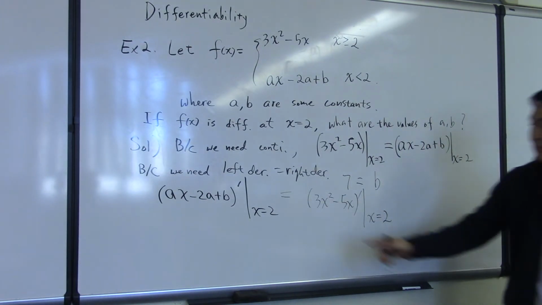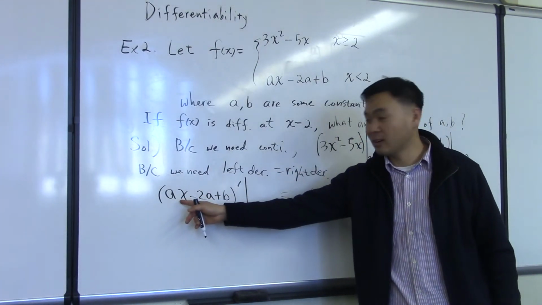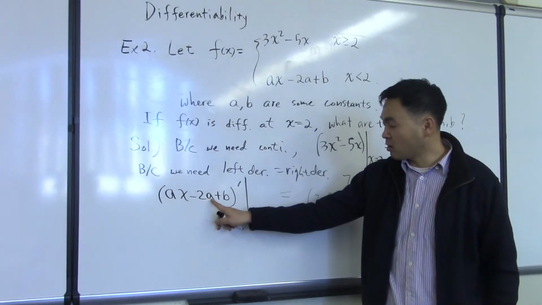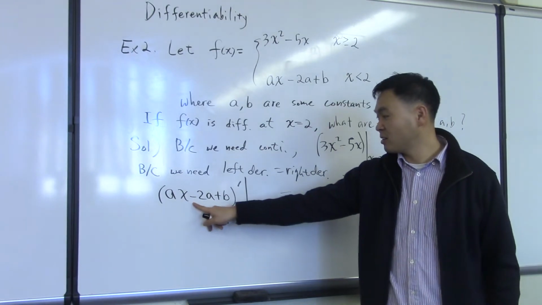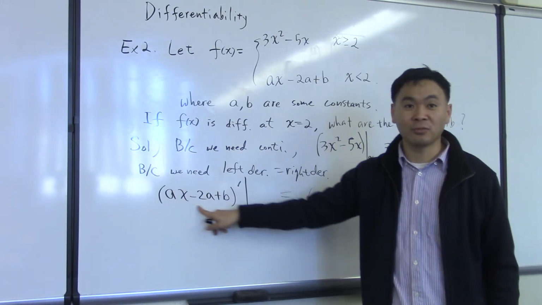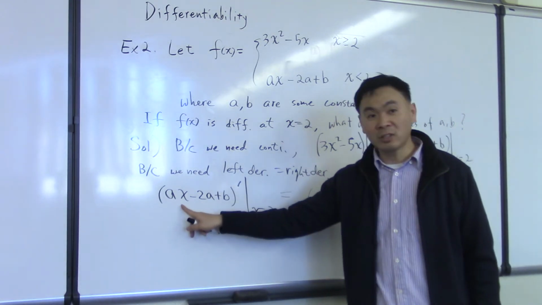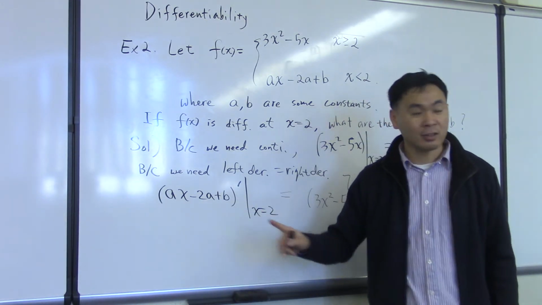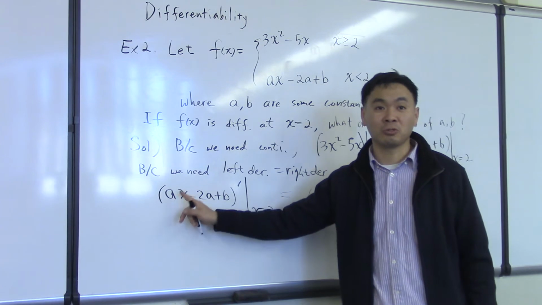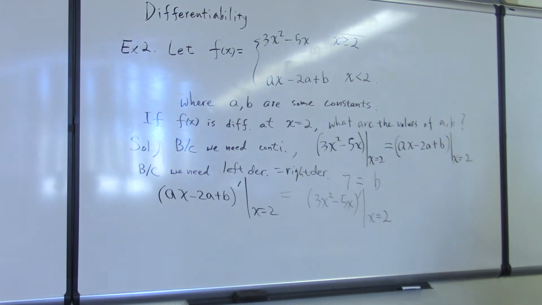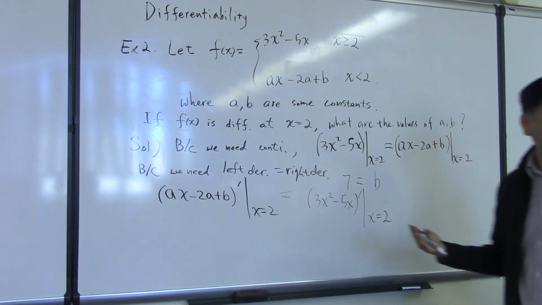So let's try that. If I differentiate this, it's just a. These are constants, so they're gone. Although these look scary, these are just constants. If you differentiate constants, what do you get? 0. So you only need to differentiate ax. Now a is just a constant multiple, so you pull it outside the derivative. So the only thing you differentiate is x. Derivative of x is 1.